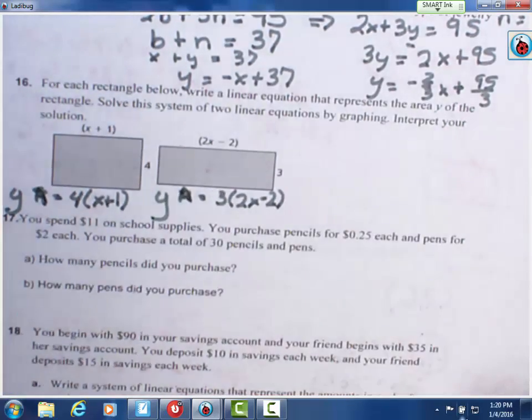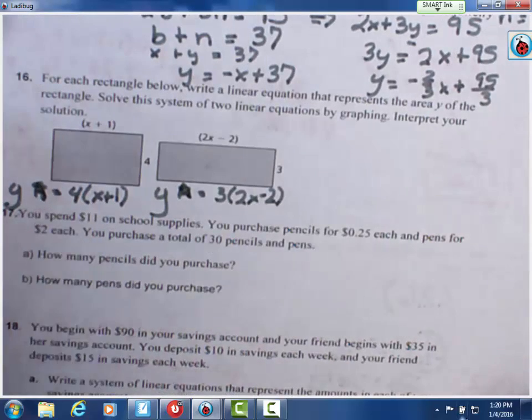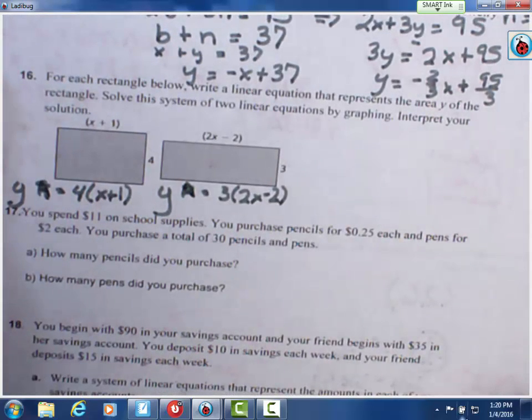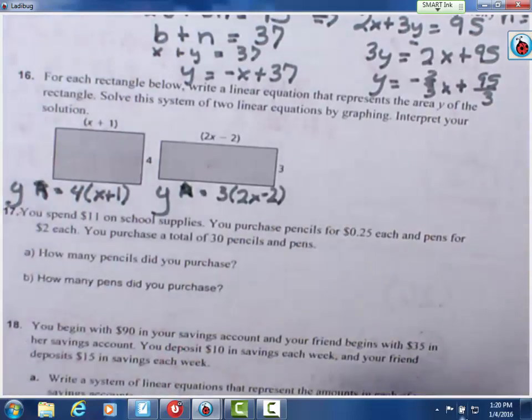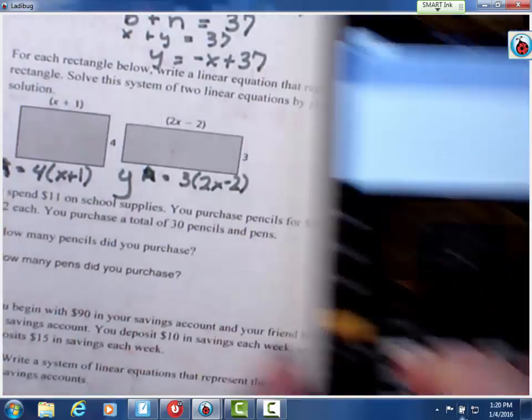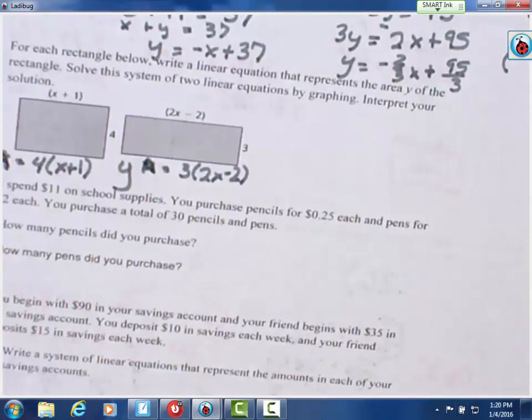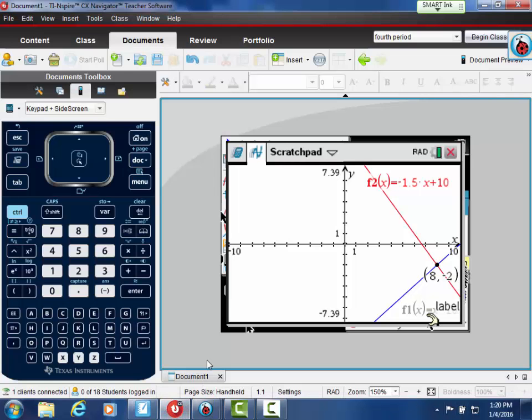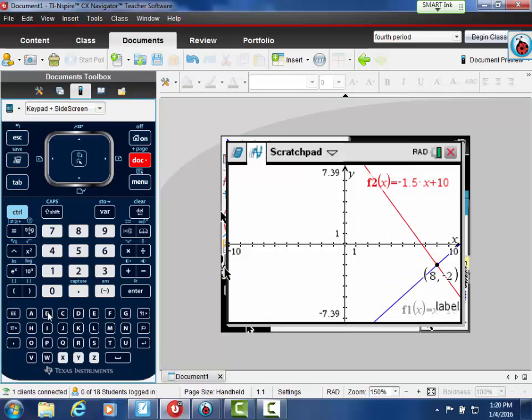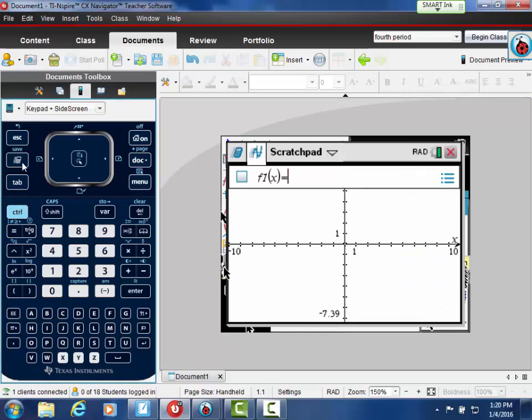Okay. And then, now I could graph this on my calculator quite easily. I could just come over, turn on my calculator here. Let's put that up in big screen. Okay, so let me clear this from the last one. All right, so my first equation was y equals 4 times x plus 1.